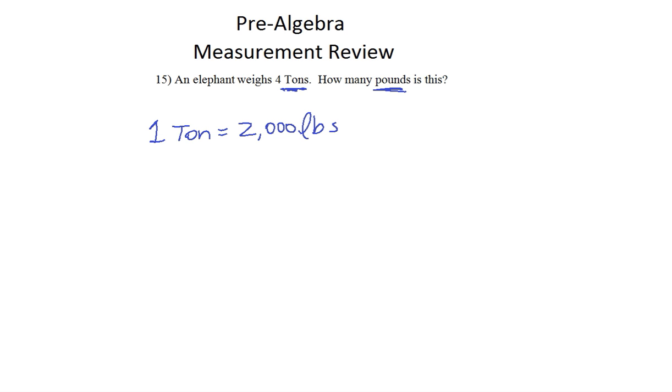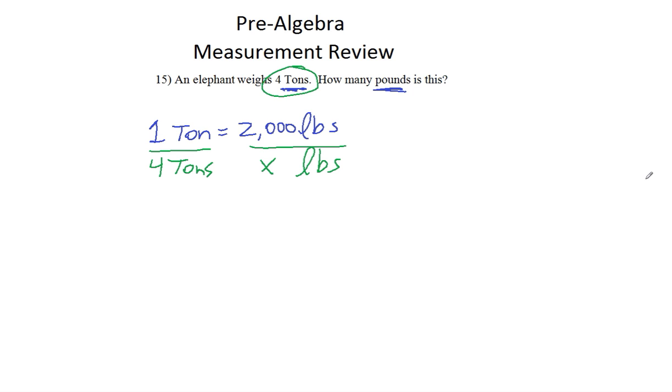Then I'm going to create a proportion out of this. I'm going to make fractions. They give me 4 tons, and remember that has to line up with tons. So 1 ton on the left, 4 tons on the left, and then we're figuring out pounds, so x pounds. There's my proportion: 1 ton over 4 tons equals 2,000 pounds over an unknown number of pounds.